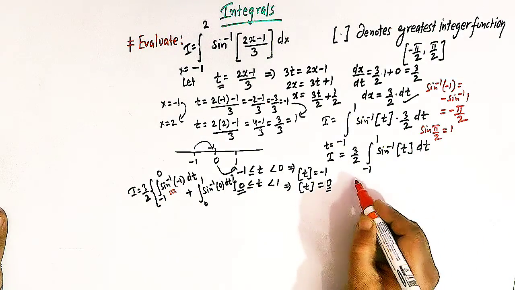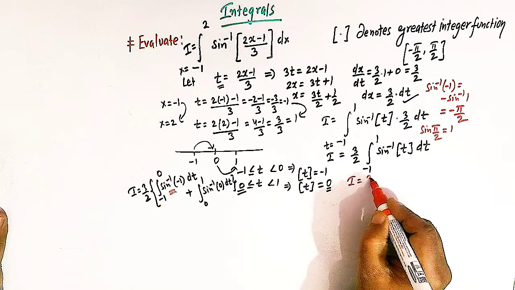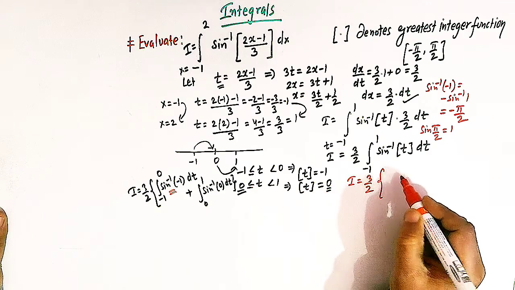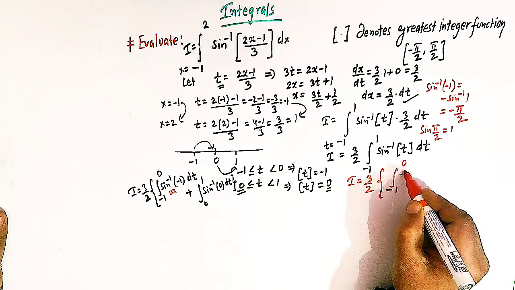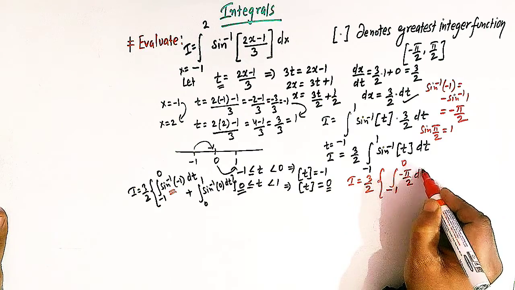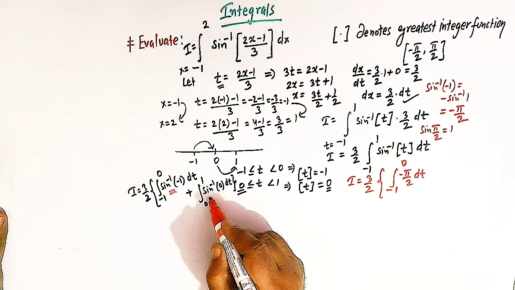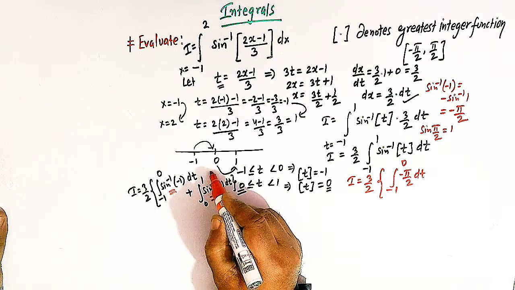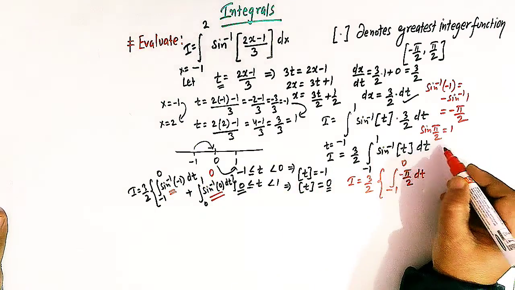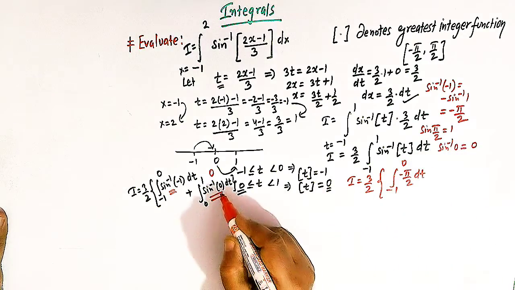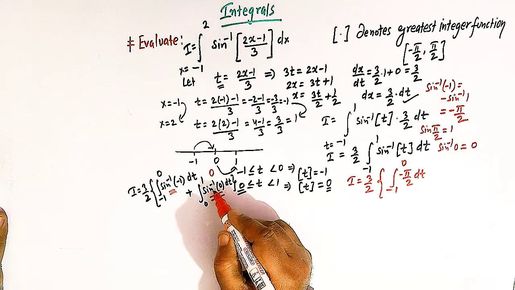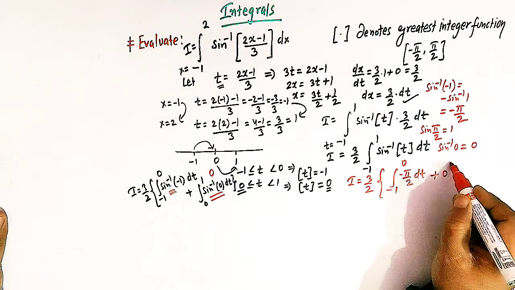So now I is equal to 3/2 times the integral from -1 to 0 of minus pi by 2 dt, and the second integral is 0, because sine inverse 0 is equal to 0. So this integral disappears.